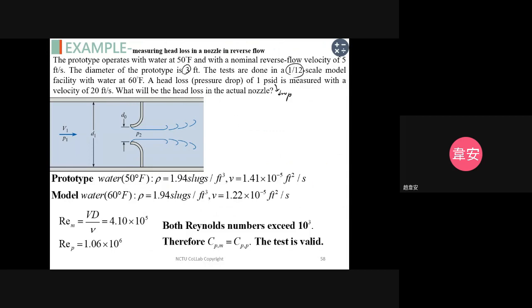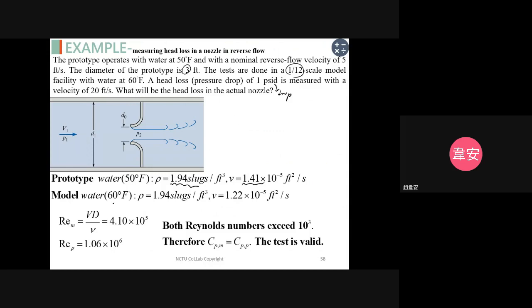So we know that the condition for the prototype is water at a temperature of 50 degrees F. So we have the density here, and the kinematic viscosity is 1.41 multiplied by 10 to the minus 5 power.